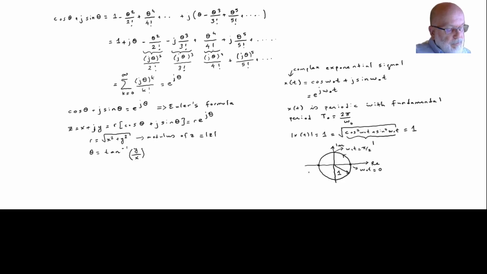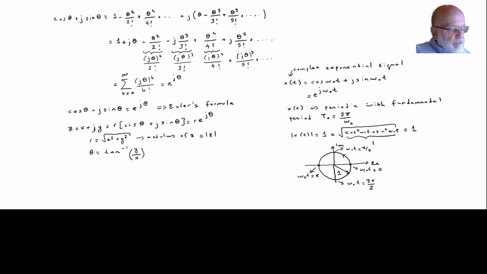And this point is omega 0 t equal to pi. And for example, here is omega 0 t equal to 3 pi over 2.